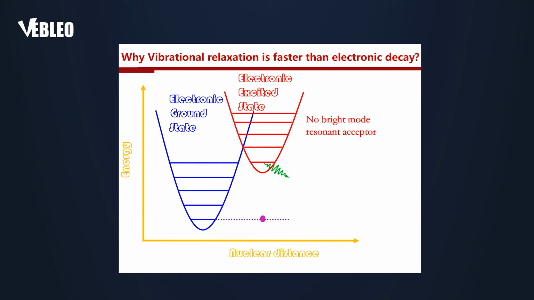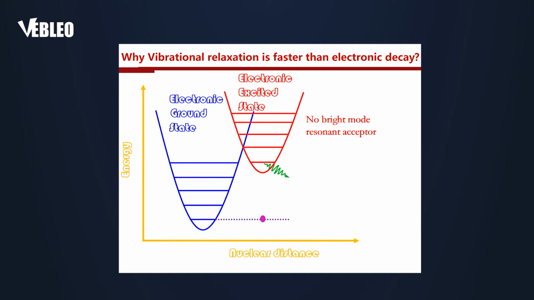And because in the environment there are no resonant acceptors for this energy transition, this process occurs by the slow spontaneous emission pathway or the very slow non-resonant energy transfer to the vibrational modes.